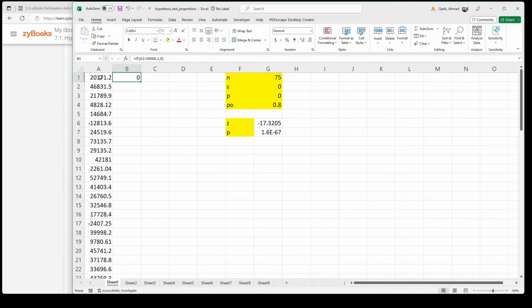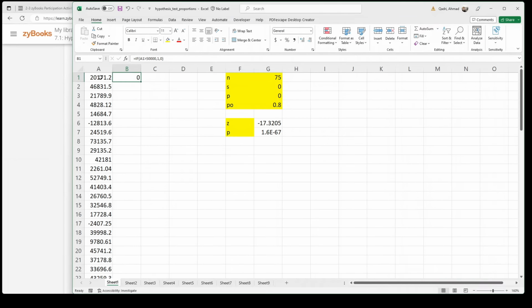Again, if we hover over the lower right of this cell and double click, this will copy the formula down, and we can see that there are 13 instances where the value is 1 out of 75. So p-hat is 0.173, and under the null hypothesis, p0 is 0.15. So I'm going to change this to 0.15.